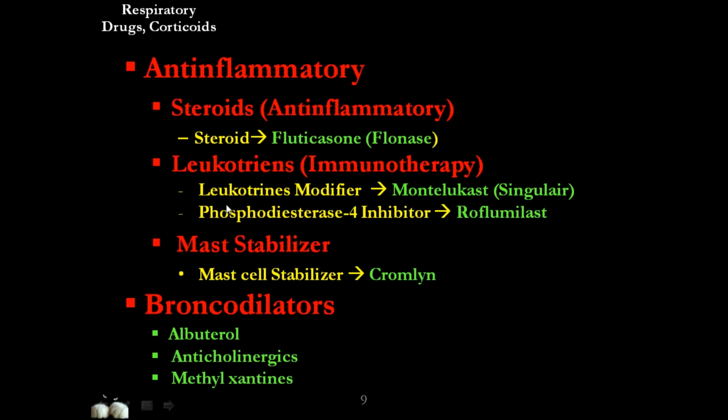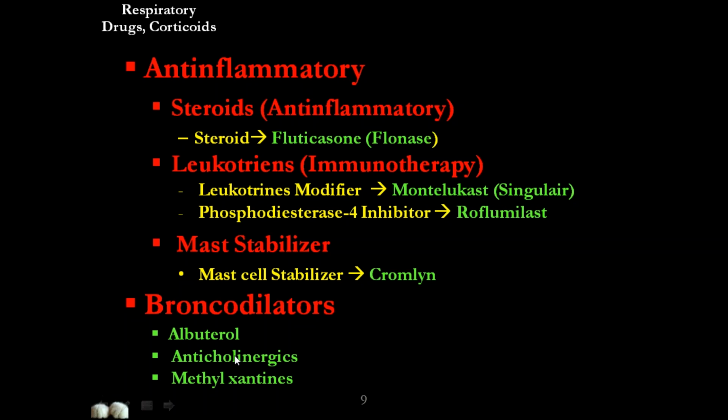So all these guys, you can write down in your PowerPoint that they are for prevention or long-term maintenance, to prevent the recurrence of asthma attacks, for example. Bronchodilators, we have albuterol. The albuterol is very fast acting.